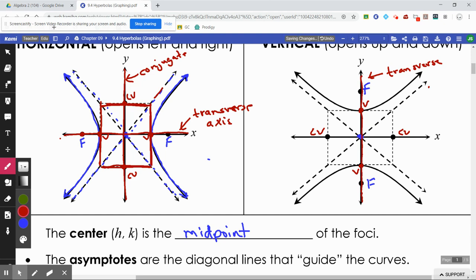We're going to be asked shortly to find the equations of these asymptote lines, and that's the reason I want to point that out, is we're going to use the fact that it always passes through these corners. So that box is going to be very important to us. And here you see the box drawn there in the middle that goes through the vertices and the covertices, and again, the asymptote lines pass through the corners of it.